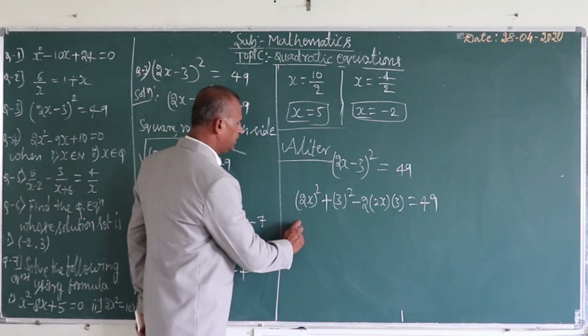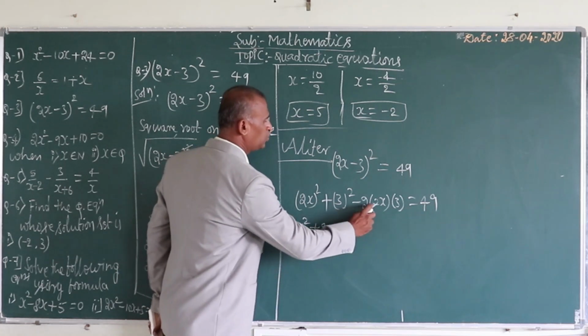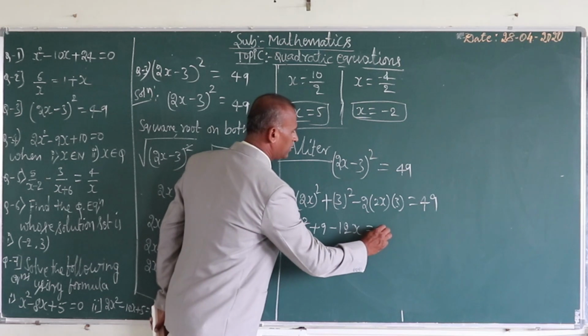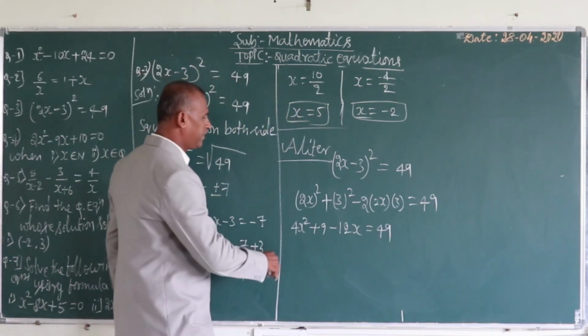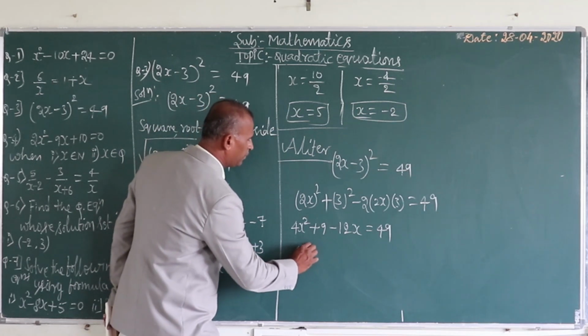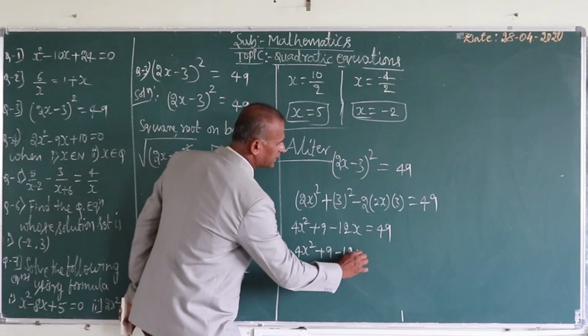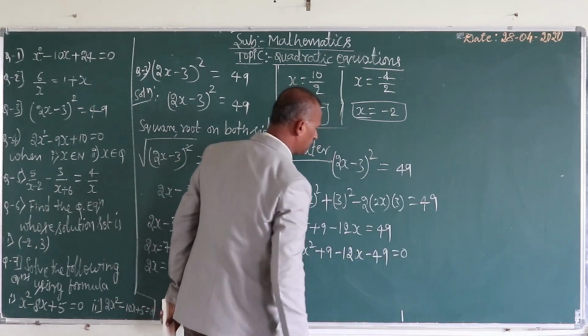Now (2x) whole square means 4x square, plus 9, minus 2 twos are 4, 4 threes are 12x, is equal to 49. Now transpose 49 to this side: 4x square plus 9 minus 12x minus 49 is equal to 0.